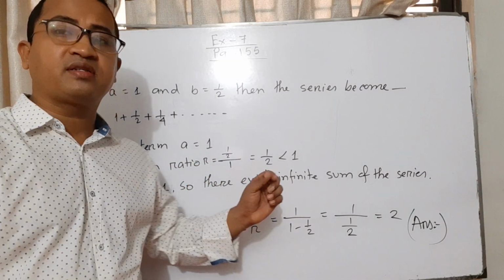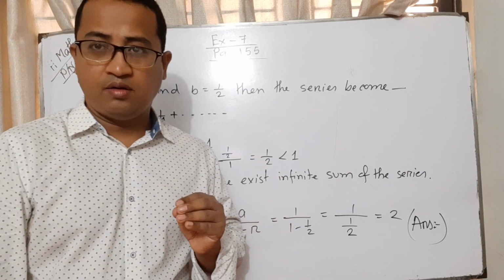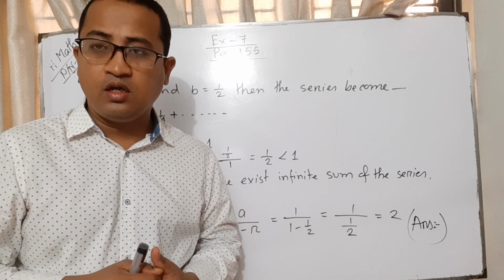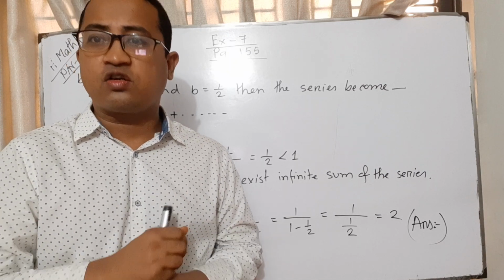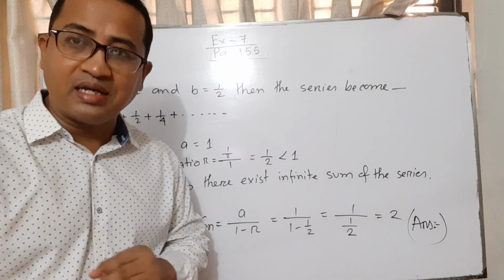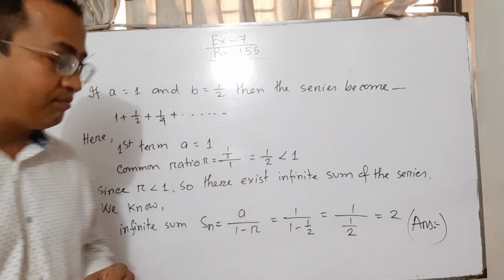This is very important. What is r? Because if you want to find out the infinite sum of a series, you should impose the condition on r. So here r is less than 1, which means this series has an infinite sum.